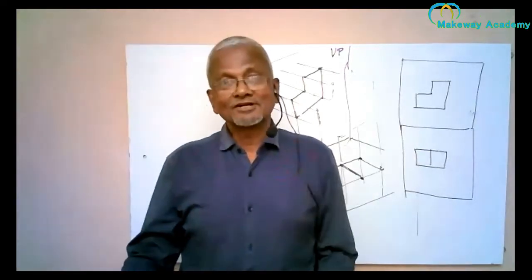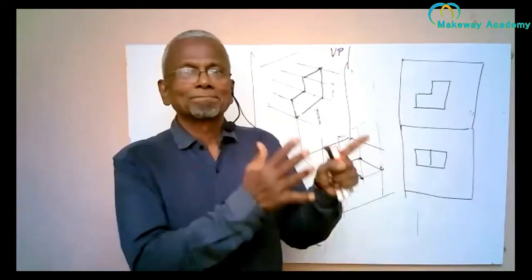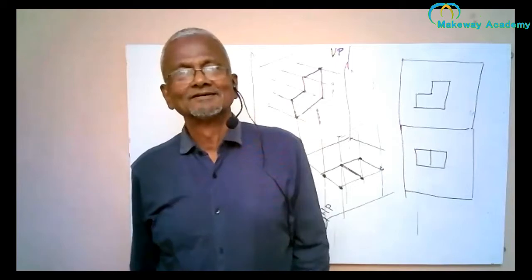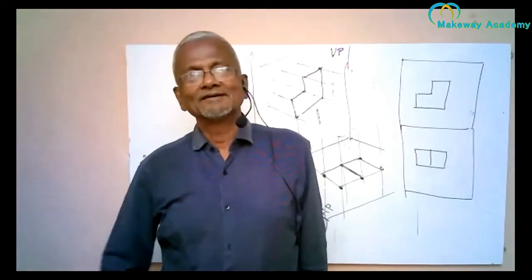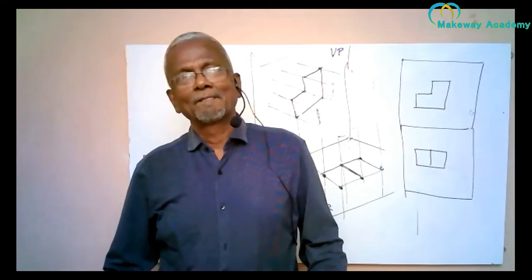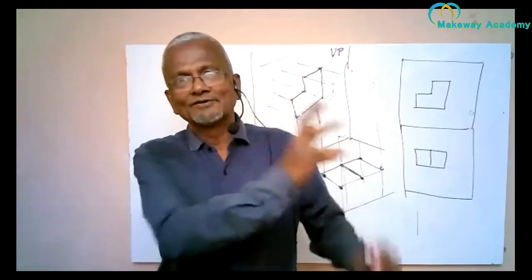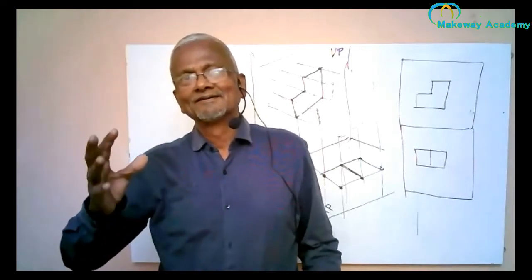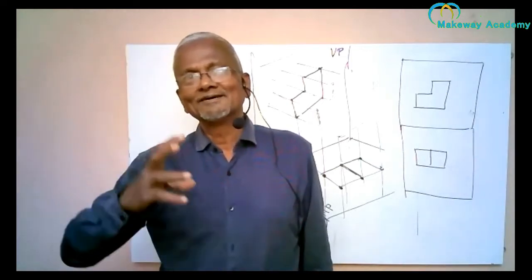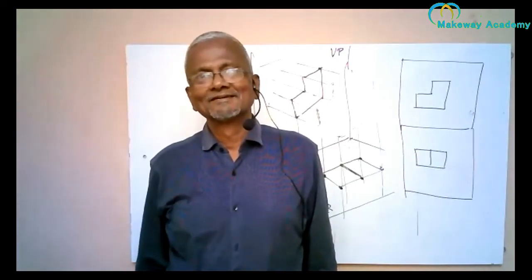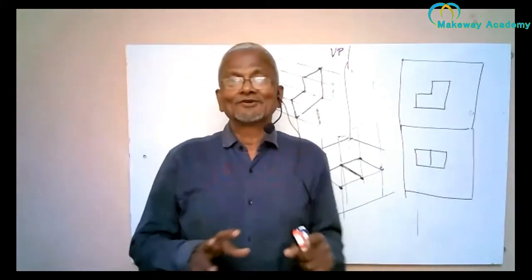I told you, I started with a stool, a dressing table. It's a very simple idea, a very simple concept. I drew one pictorial drawing. So I had that in mind. Now, whatever you have in mind, you bring out in black and white. That is engineering drawing.